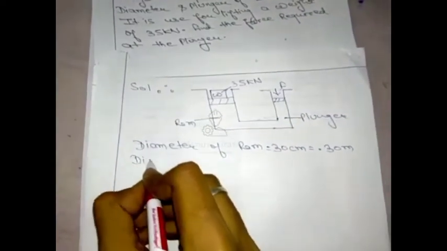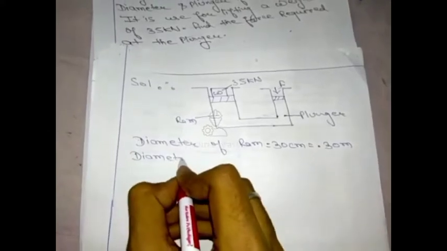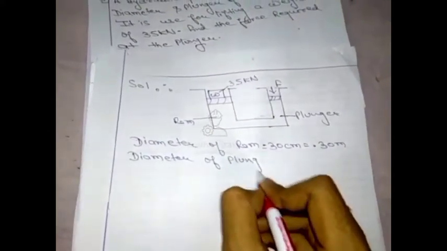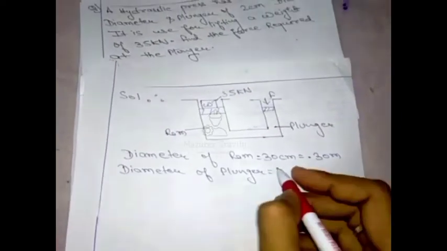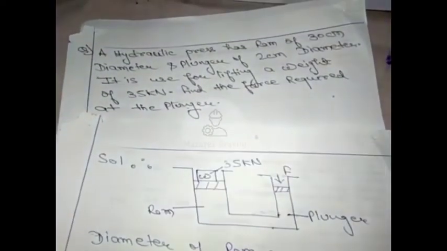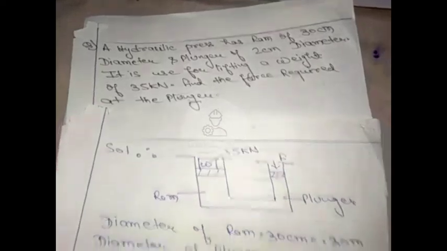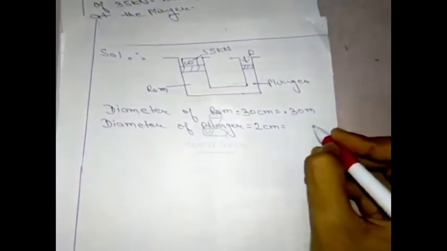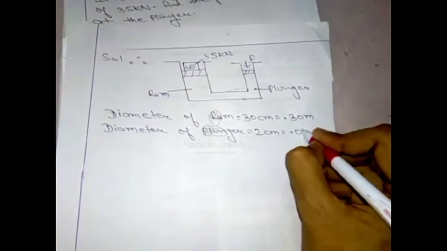Similarly, we write diameter of plunger, and it is given 2 centimeter. So 2 centimeter, when we convert it into meter, it becomes 0.02 meter.